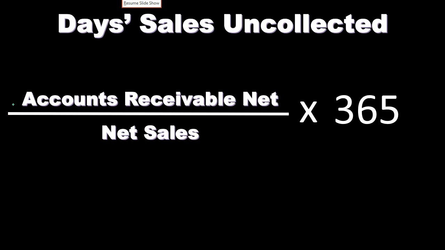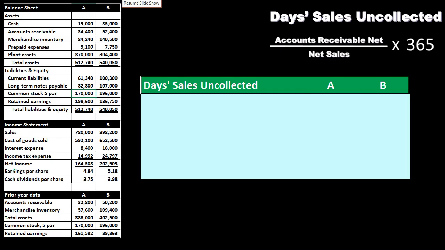Note, however, what might be a little bit unexpected compared to some of the prior ratios we have is that although we have an income statement account and a balance sheet account, we're not taking the average accounts receivable. We're taking the accounts receivable as it is at that point in time on the current financial statements as of the end of the time period, generally when calculating the days sales uncollected number.